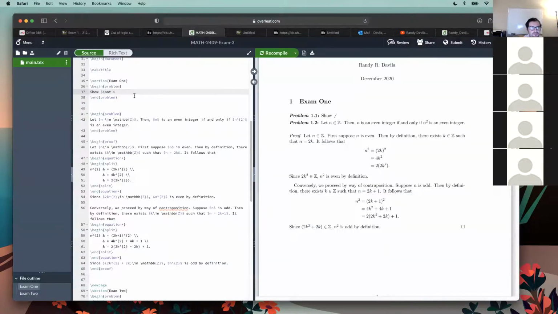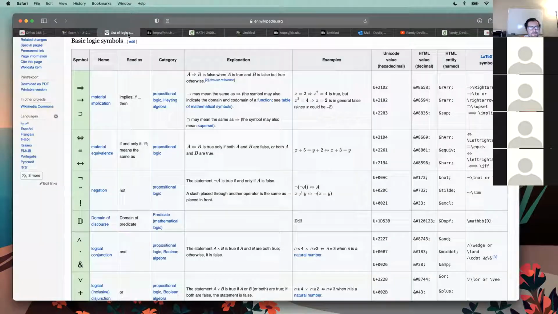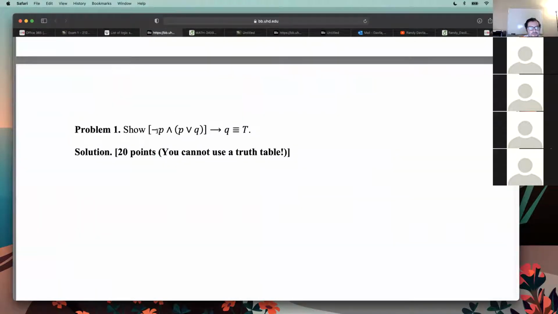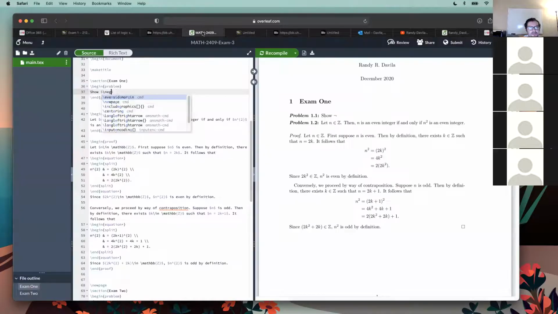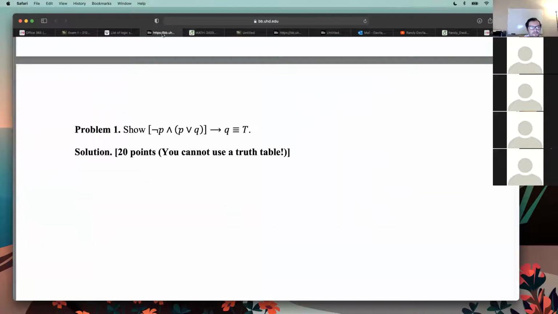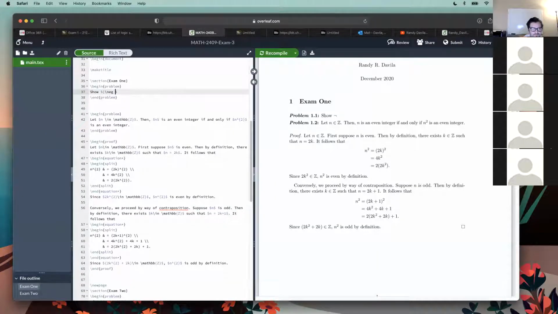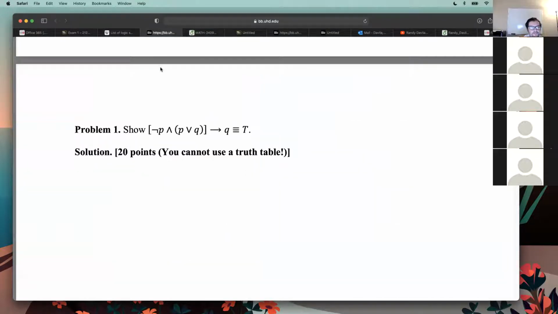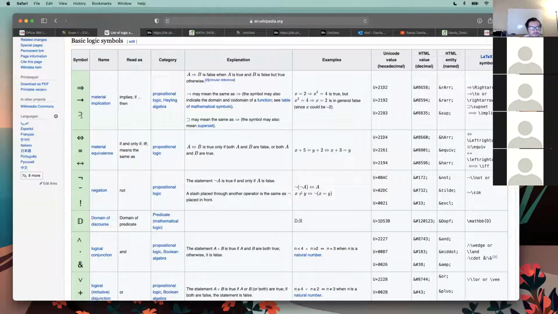So I'm going to go back over here, \neg, and run that. So I see the not symbol. Okay, that's good. So I'm going to bracket there and say, show that the negation of P, and then, what is and?